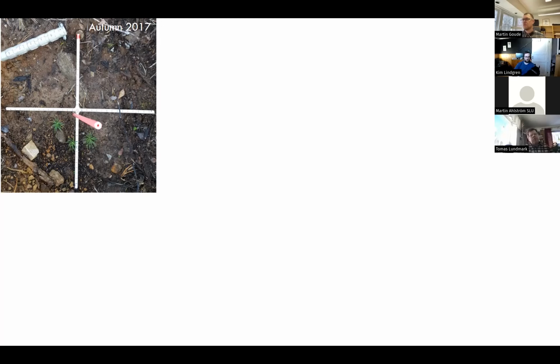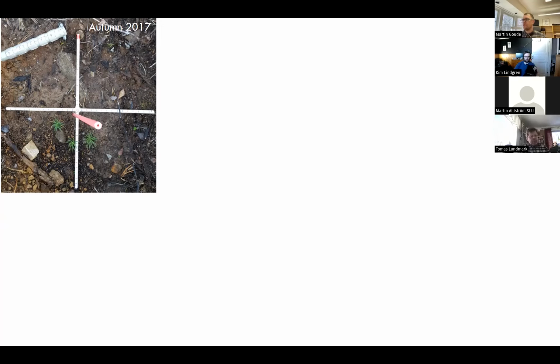Each time I would come and place the plastic cross exactly in the center of the plot. The cross was always oriented towards the north and placed as flat on the ground as possible. On the axes of the cross, we had a scale, which constituted basically a coordinate system. Using that coordinate system, I was able to register the position of each individual seedling.